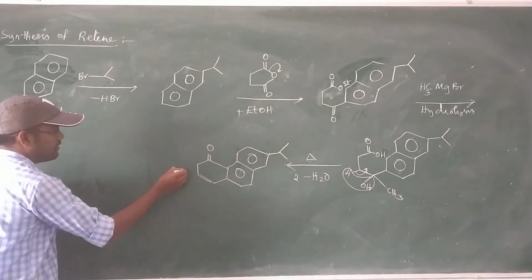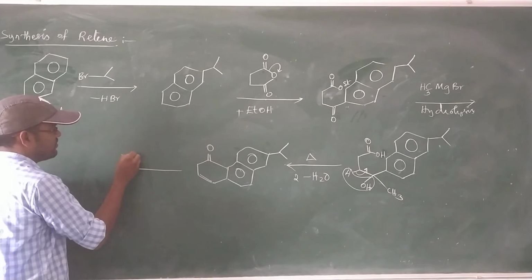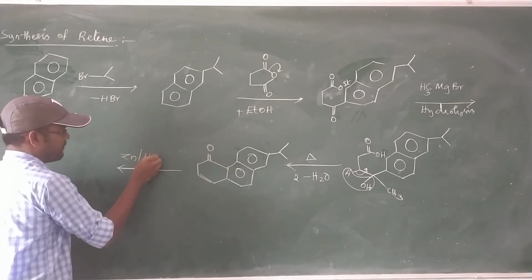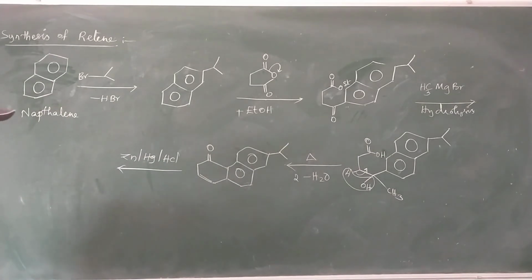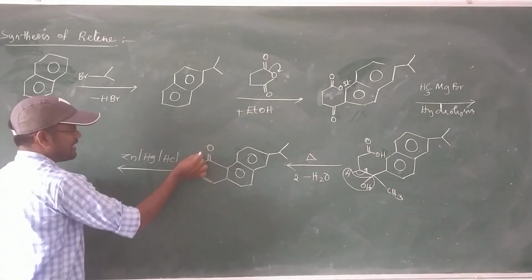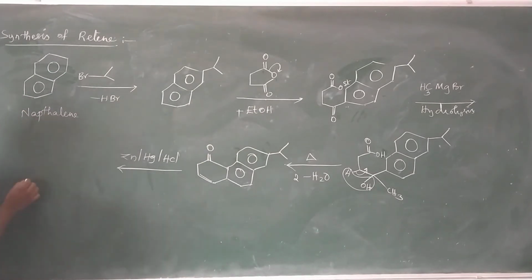The compound undergoes reduction in the presence of zinc amalgam and HCl. This is a Clemmensen reducing agent. As a result, C double bond O is converted into CH2.